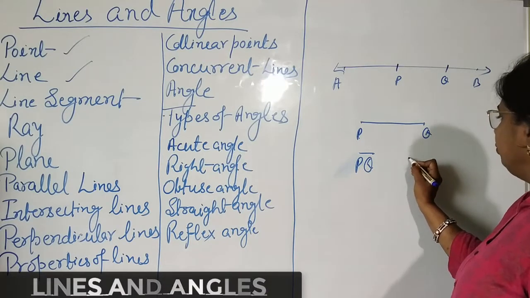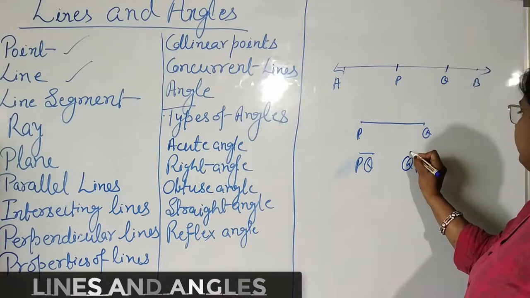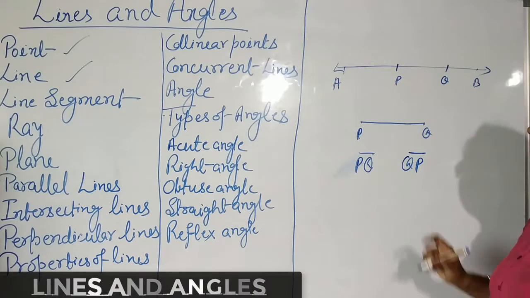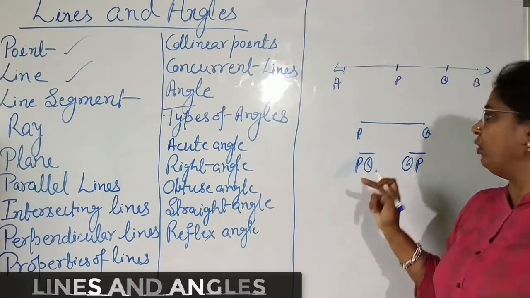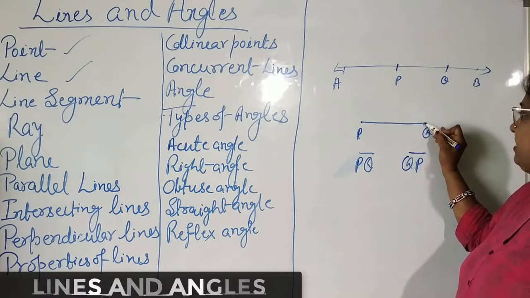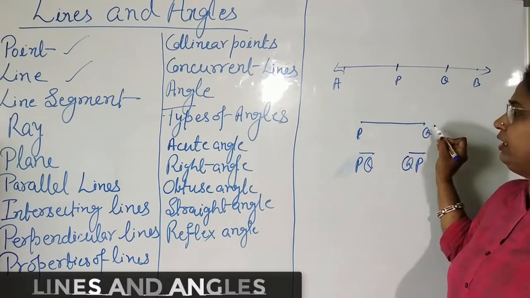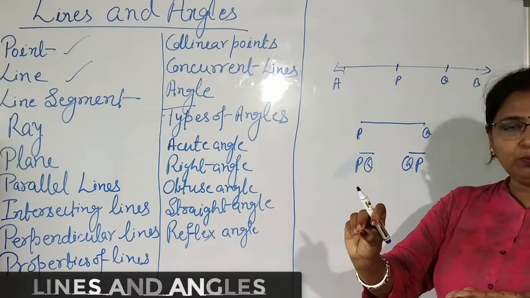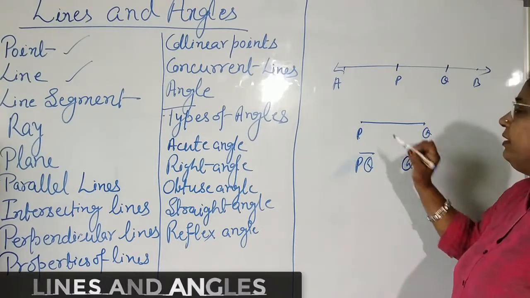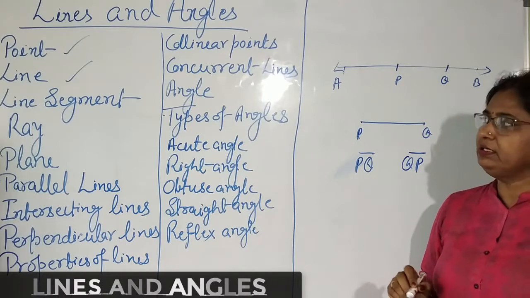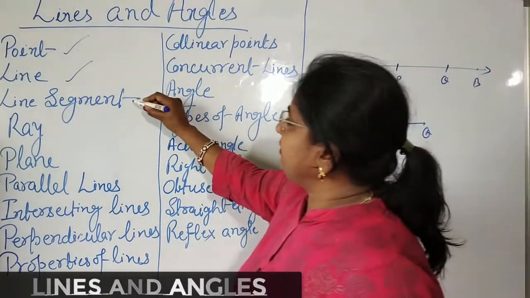And from Q to P, it can be denoted like this. It is a line segment. Line segment has 2 end points, one P and second Q. Both end points, the initial point and ending point, are there in a line segment. That is a line segment. Line segment is over.